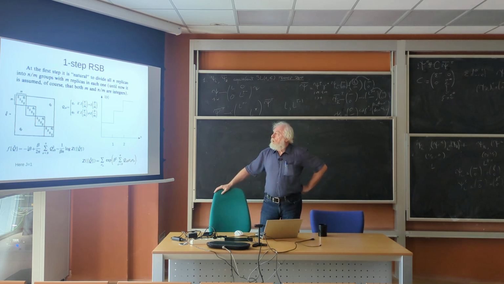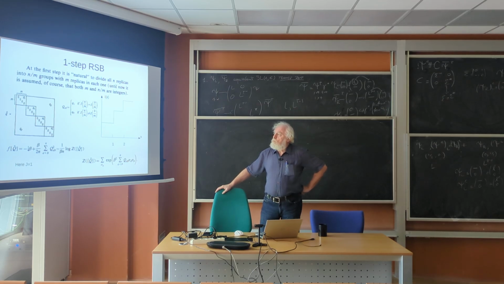Now, next step. Next step is demonstrated on this slide. Again, there is a zero on diagonal because this diagonal is trivial, just equal to 1.